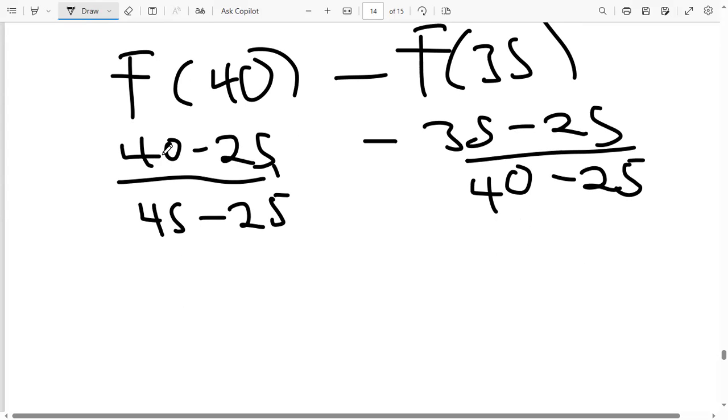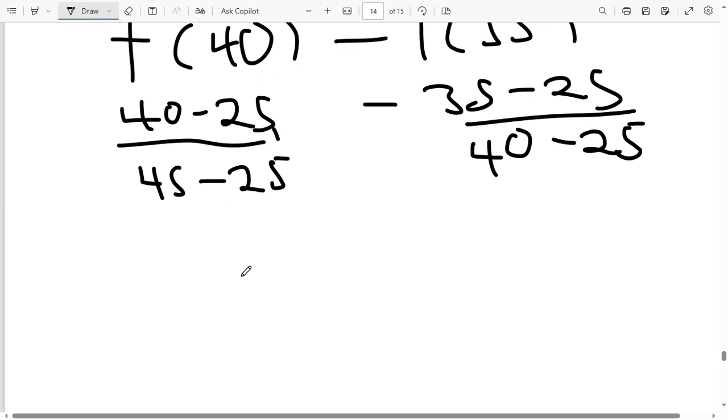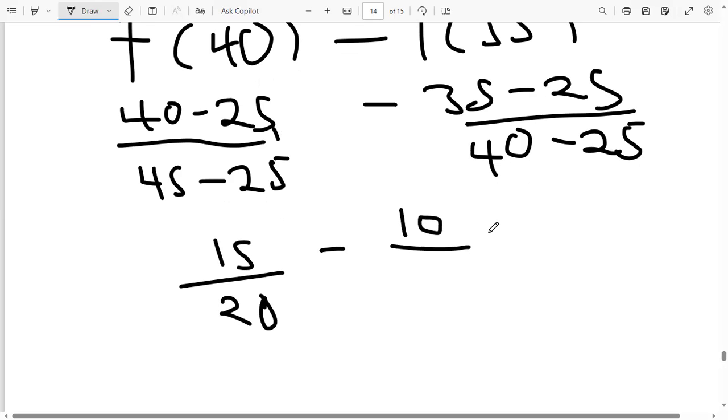It's going to give me 15, right? So this will be 15 over 20 minus 35 minus 25, it will be 10 over, what did I write 40 here?